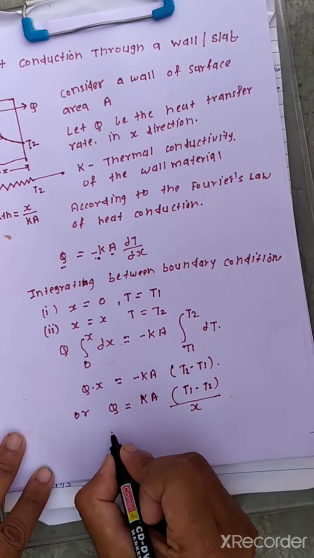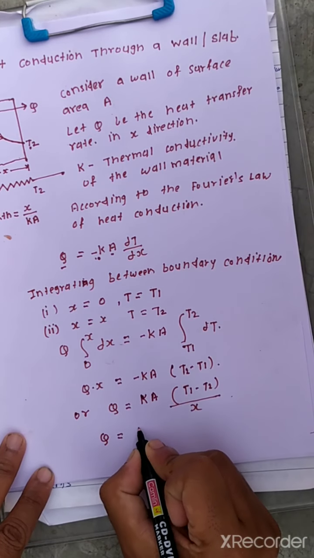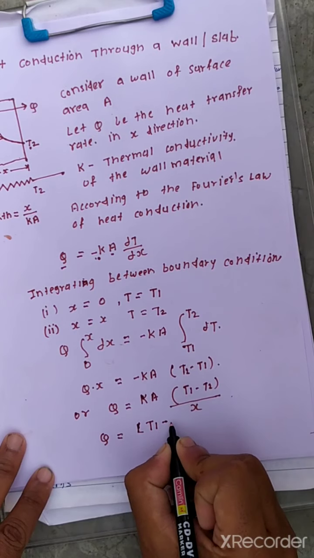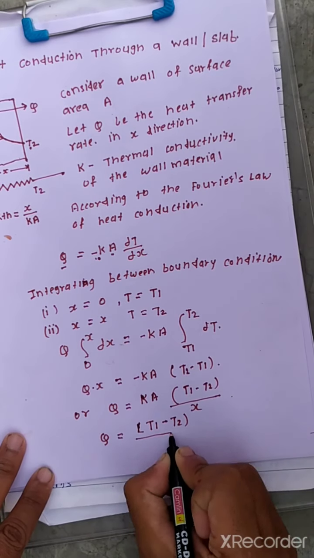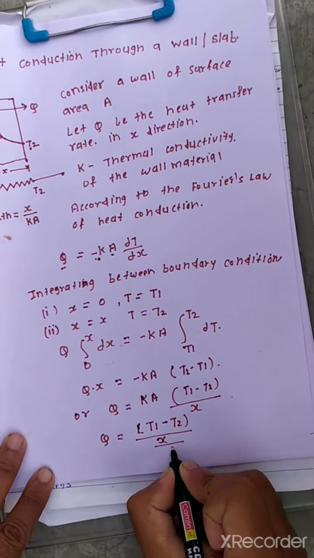So again we write this equation as Q is equal to (T1 minus T2) upon x upon KA.